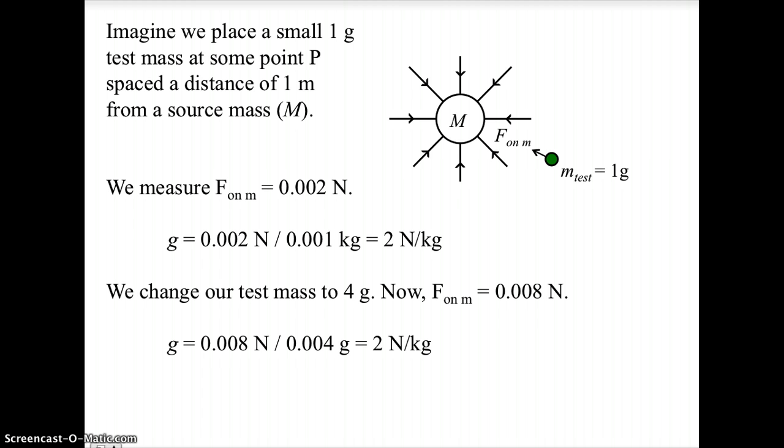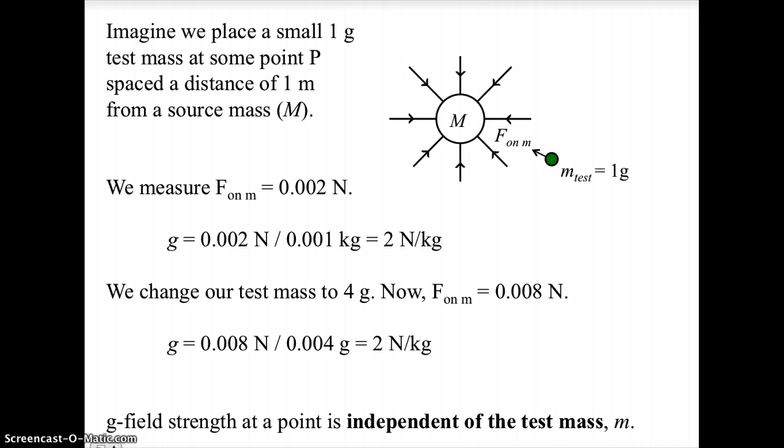So swapping out a larger test mass did not cause the G field strength at this point to change. In fact, the G field strength remained the same. The only thing that changed when we swapped in a larger mass was the force, which increased.